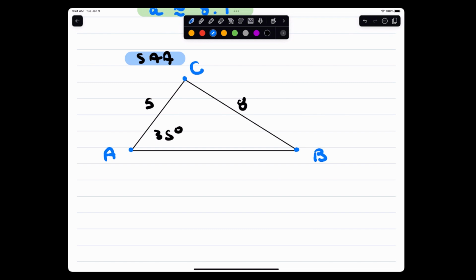And why do you guys think this is called side angle? It's technically known as side angle, meaning you have side angle. I apologize. Let me go back here.